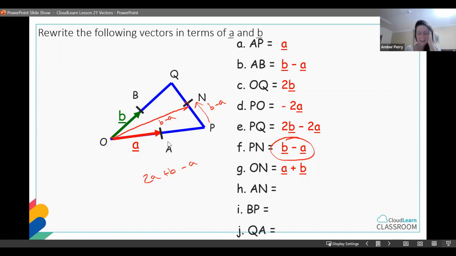Okay, so let's have a look at AN. AN is going to be AP plus PN. I would always write it like this, AP plus PN first, and then put the vectors in.